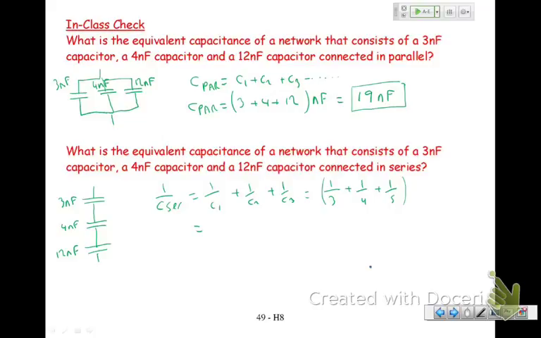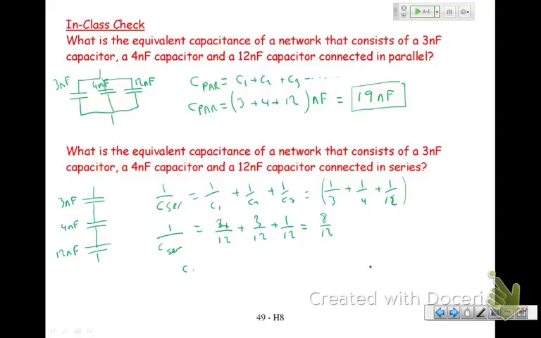So this is going to equal, let's have a look. Oh, is it 5 or 12? 12. So find the common denominator. That's going to be 4 over 12 plus 3 over 12 plus 1 over 12, which equals 8 over 12, 1 over C series.